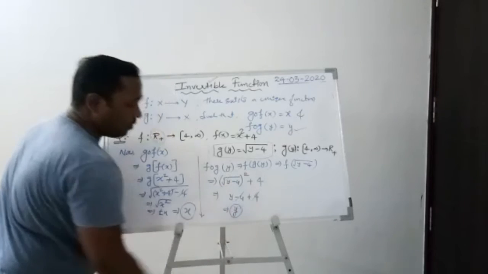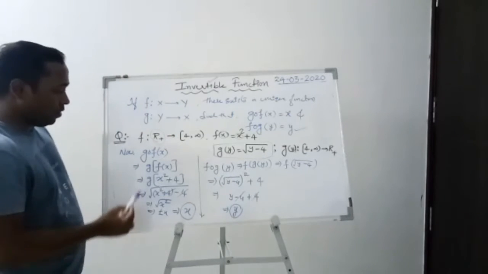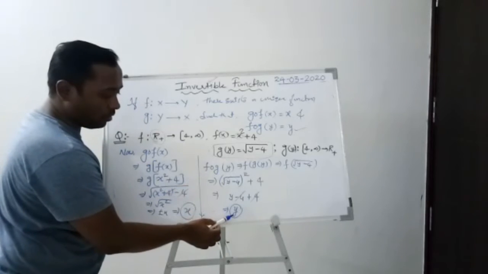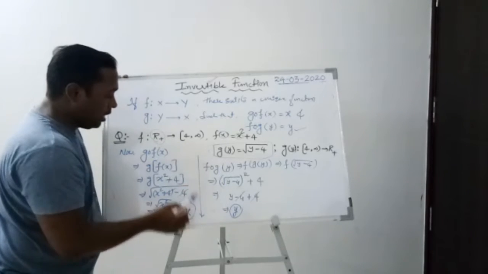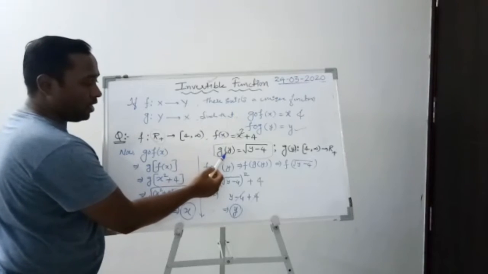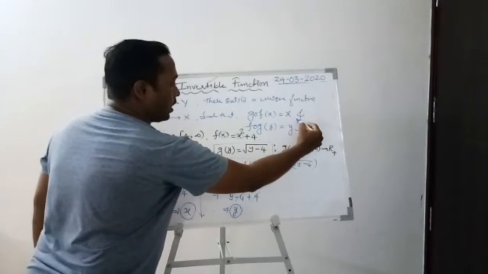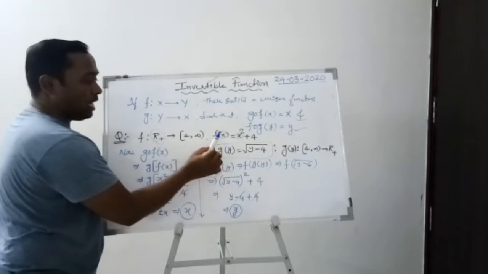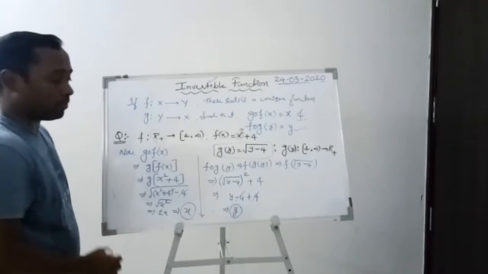We are left with y. So if you observe, the gof operation gives x and the fog operation gives y. It means that g is a function satisfying both conditions. Hence the g function is called the inverse of the given function.